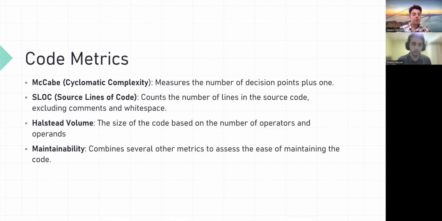The third one, Halstead volume, is for calculating the size of a code with the number of operators and operands that we have in a piece of code. And finally, we have maintainability, which is a balanced calculation of all the aforementioned metrics.